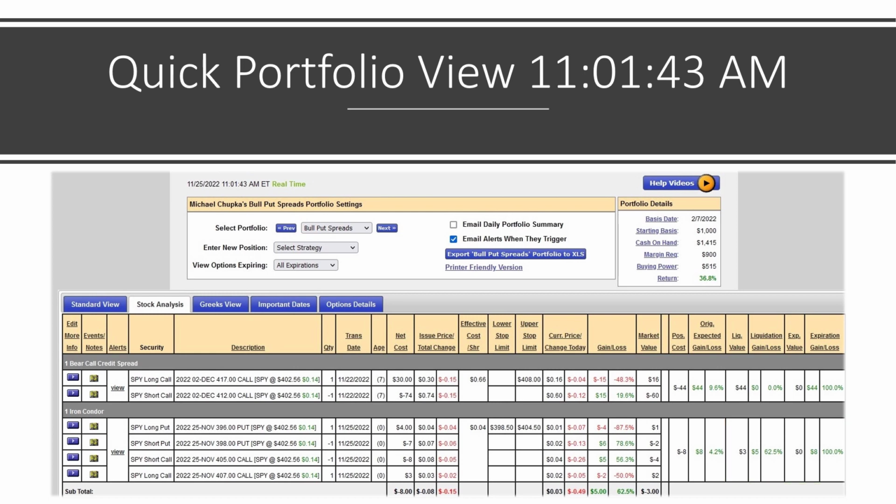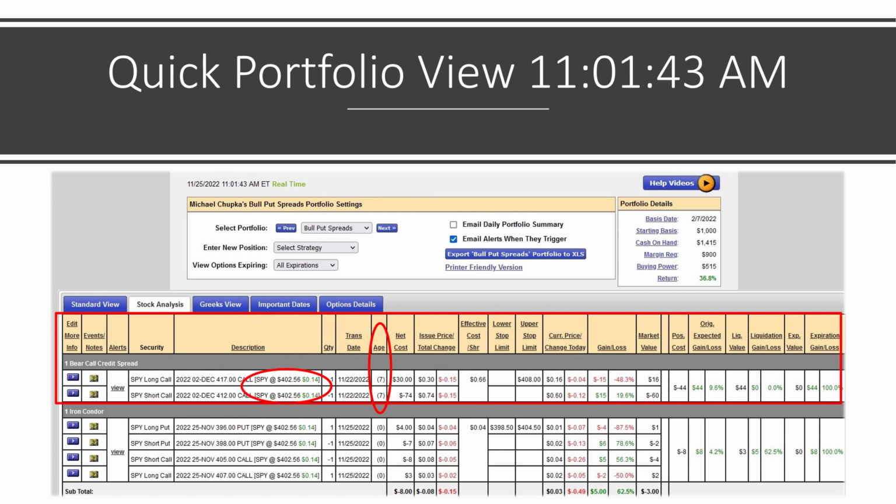This other spread that's here is our managed spread that's still 7 days to expiration. Remember, out to 02 December, selling the 412 call, buying the 417 to counter the 36-cent loss we took on our first 0 days to expiration Iron Condor. I just wanted to show this too. As you can see, it was 7 days to go to expiration.